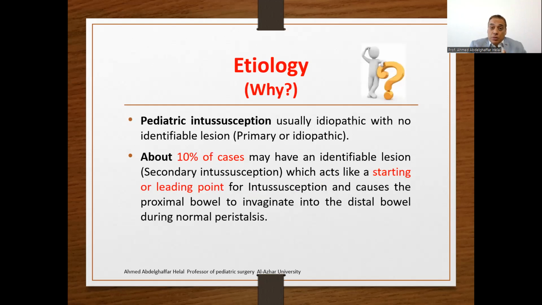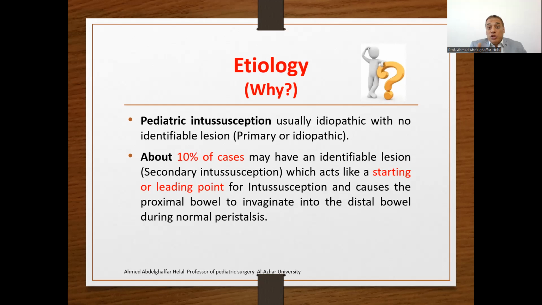Etiology. One must ask, what's the cause? Why is the proximal bowel telescoped or invaginated into the distal bowel? If there is an etiology present to explain this problem, we may have two types.